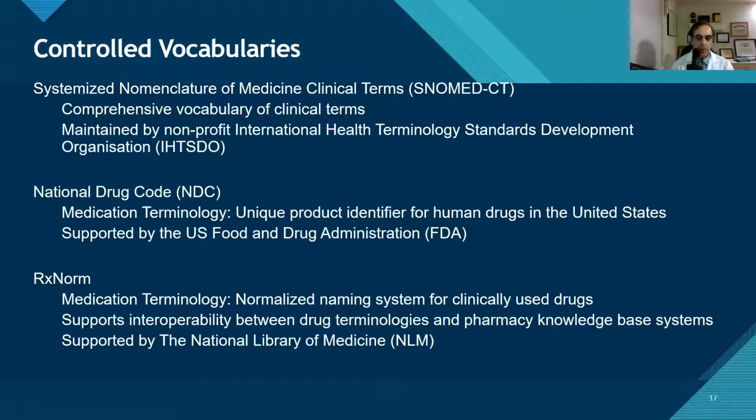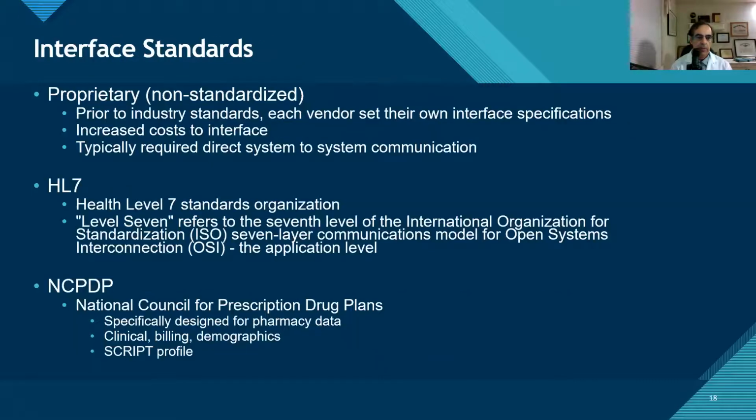And there's the new naming system and medication terminology that supports interoperability called RxNorm, which is kind of the next step after HL7. So as a pharmacy informaticist, you might be more focused on these controlled vocabularies. And again, interface standards we've talked about before.